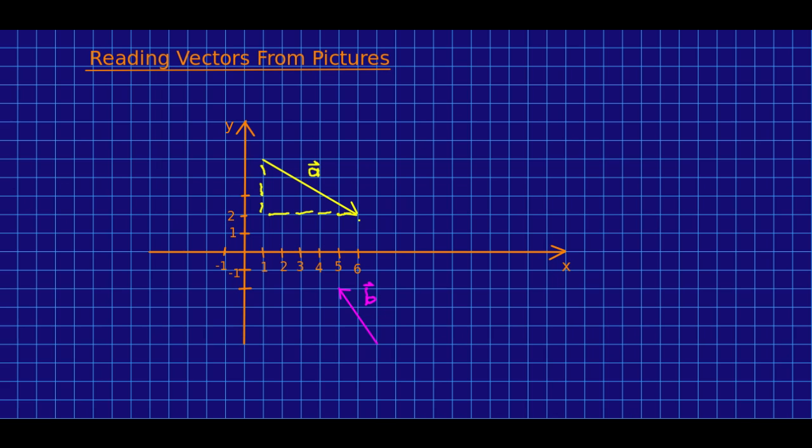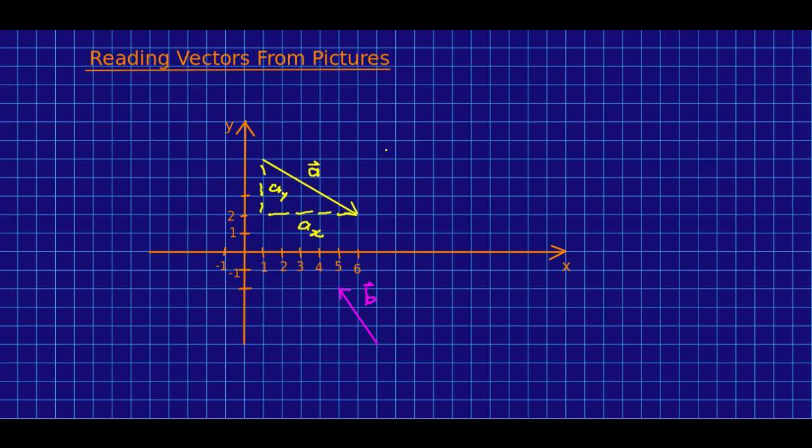We would call this distance along here the x component of a. And we would call this vertical distance here the y component of a. Now notice, I've put a vector symbol on a because it is a vector. I haven't put vector symbols on the components. They aren't vectors, they're scalars.